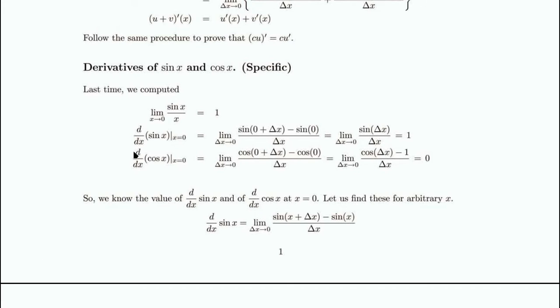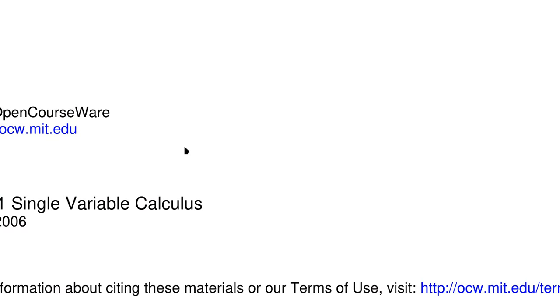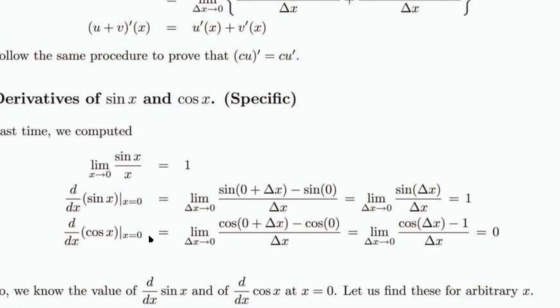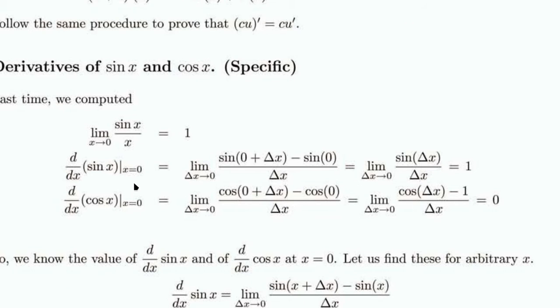Now if you try to take the derivative of sine of x, evaluate it at x equals 0. This notation of x as a subscript means at what value of x you're evaluating the function, right? So here the function sine x is being evaluated at x equals 0, so you put in x equals 0.